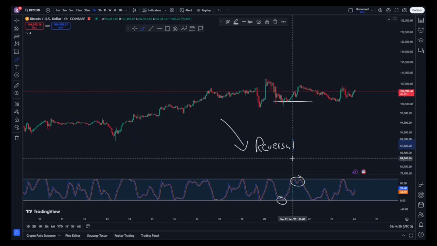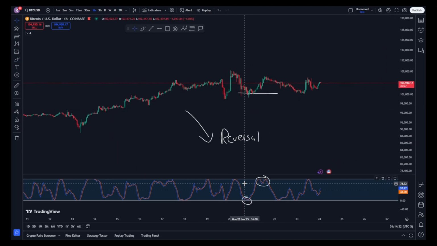And you just don't know when, because at the end of the day, this is a lagging indicator. But what you do know is that if you were to take a short position when the stochastic has topped out, you know that there's not much left for the momentum to go.